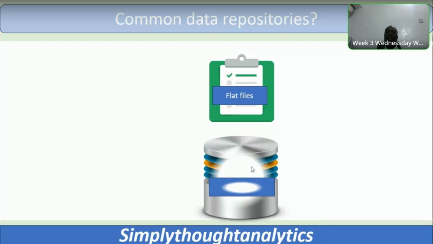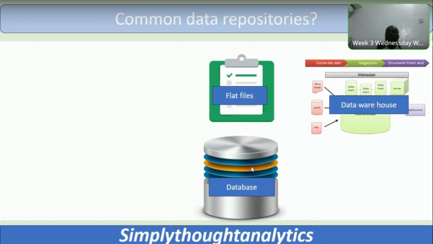The next is database. Every one of us here would have heard the word database before. Database is the most popular place where data is stored, and it has been used for decades. We are going to be talking about database itself as we continue. Then this one, I believe some of us wouldn't have had it before: data warehouse.